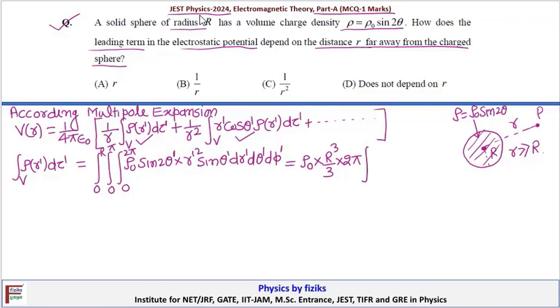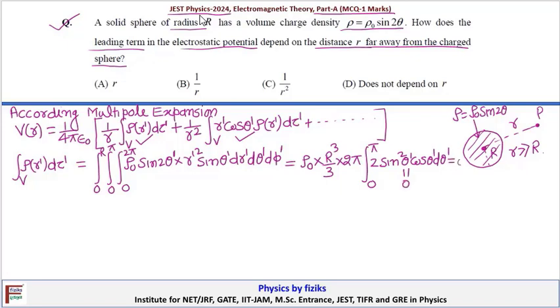Now with respect to theta, if we write sine 2 theta as 2 sine theta cos theta, this integral is 2 sine square theta dash cos theta dash d theta dash from 0 to pi. And we can easily check that this integral will be 0.